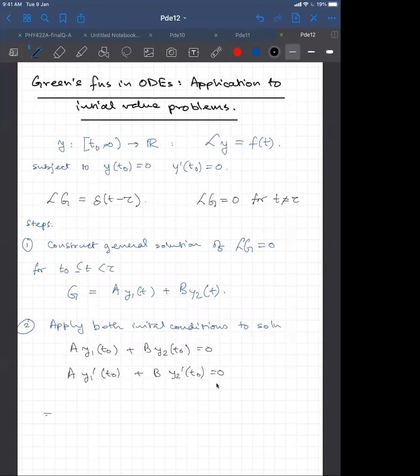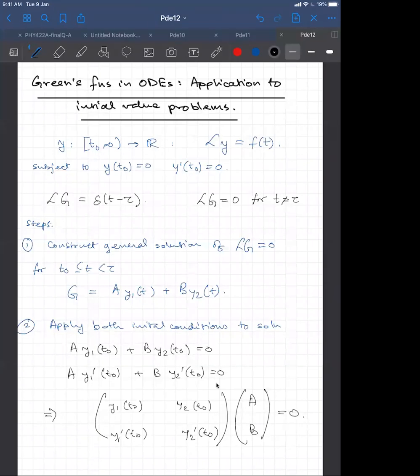This essentially means that the matrix with rows y1 t naught, y2 t naught and y1 prime t naught, y2 prime t naught, multiplied into (a, b), is equal to 0.